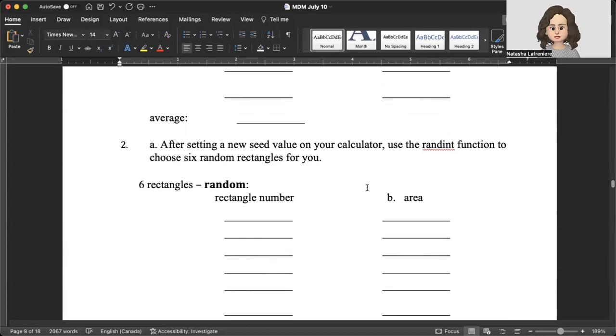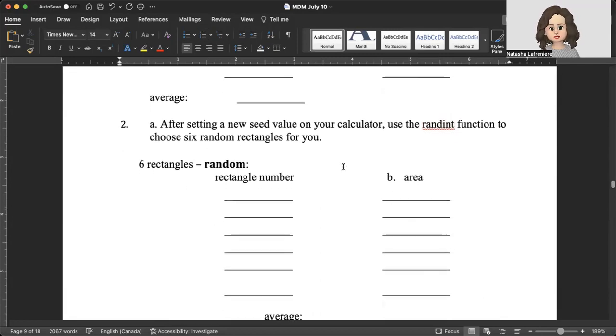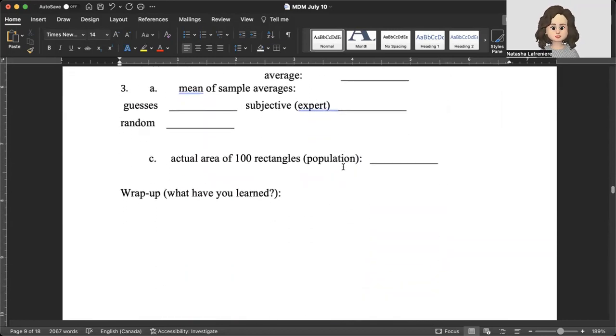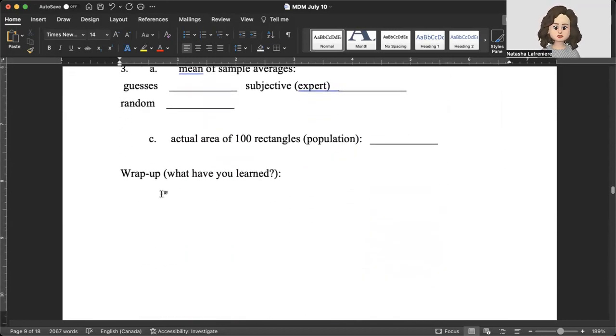And find the average. After setting a new seed value on your calculator, use the randint function to choose 6 random rectangles for you. You're just going to work through this, and by the end of it, you should learn that the design of a study is biased.